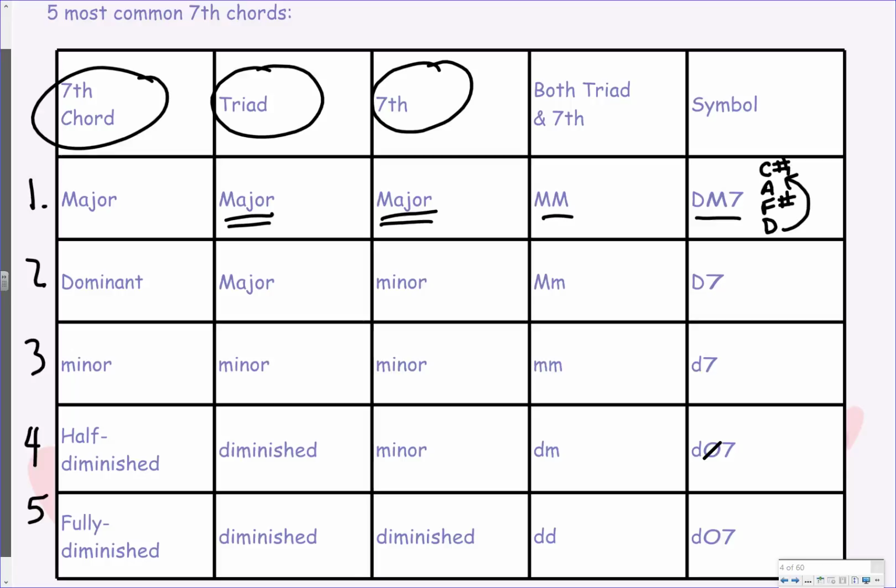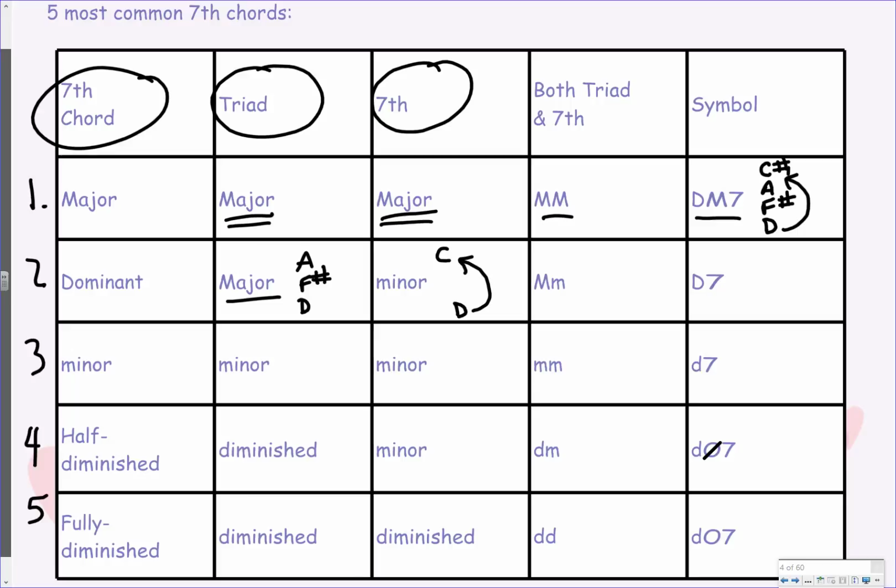In number 2, we have the dominant 7th chord. That consists of a major triad and a minor 7th. So if D is my root, what's a minor 7th above D?